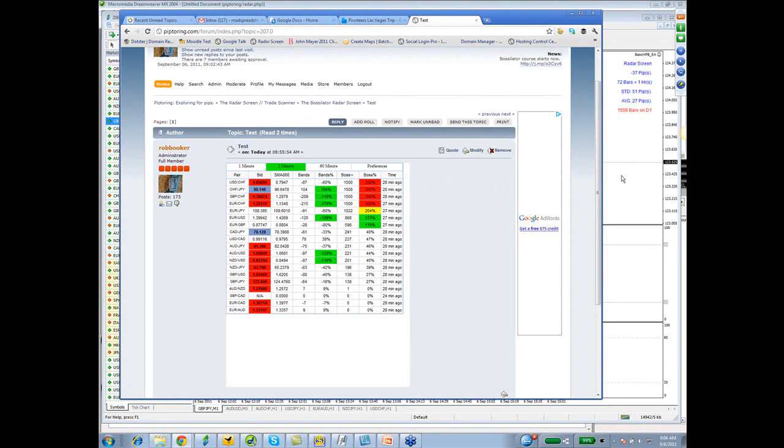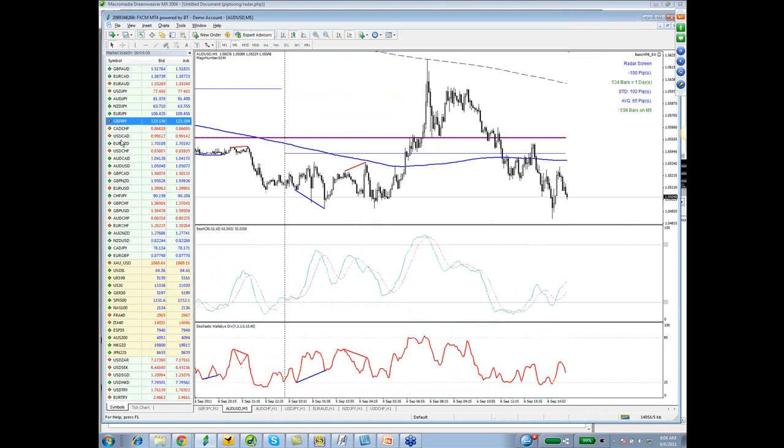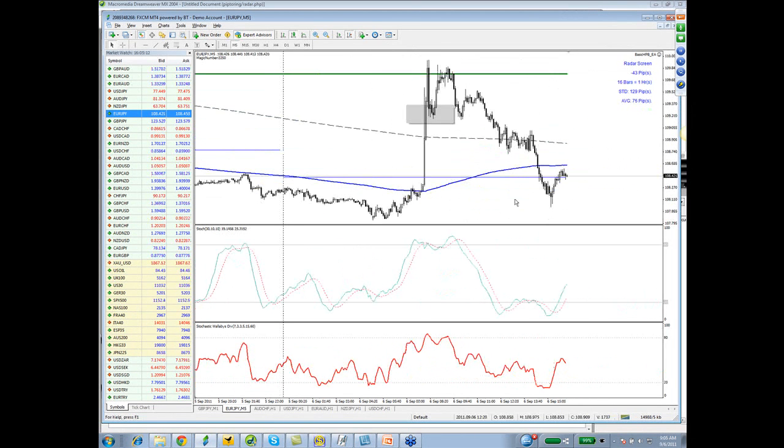Let's pick a currency pair that was unaffected by the movement last night. Euro yen. Let's take a look at the 5 minute euro yen. And here we go. Yeah, that's not going to be accurate either. Okay, so none of those numbers are accurate right now. So ignore them completely.